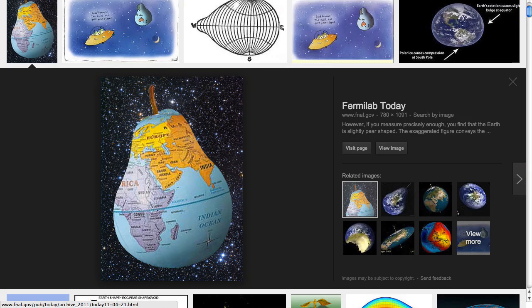So this is a pear, and which this is a full pear, which he seems to be saying it's more. He's saying it's more like this, to where it's chubbier below the equator than above.